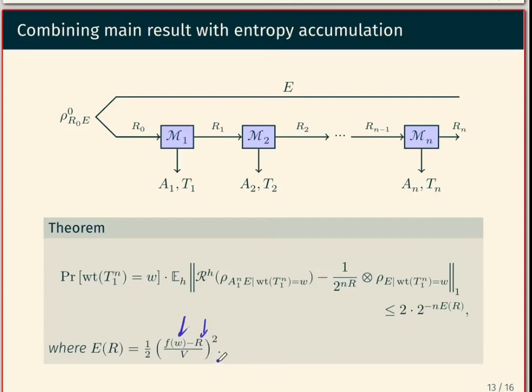And one big difference compared to what happens if we use the original entropy accumulation theorem is that the probability of seeing a particular event on the test system, so a certain number of CHSH games that were won, enters the expression in a very natural way here.